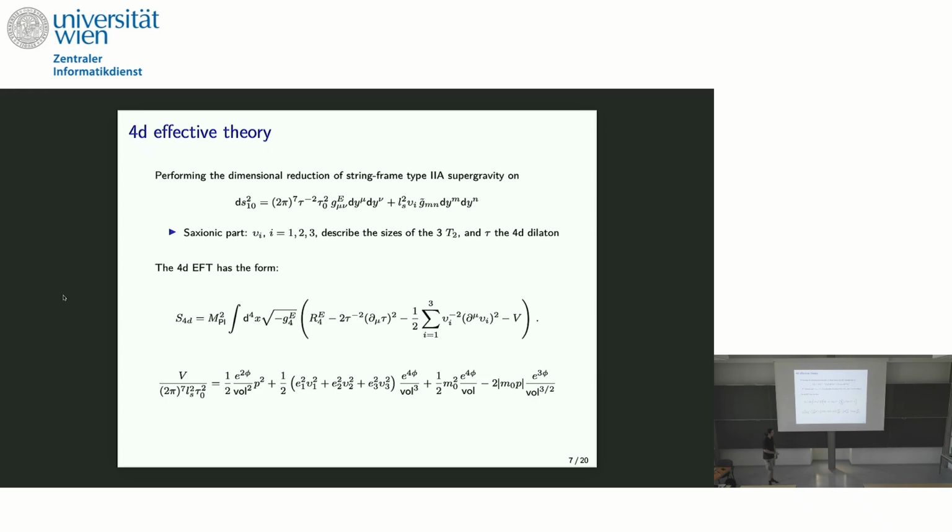And this is the scalar potential. So we don't minimize here to find the AdS vacuum. We just focus on the scaling analysis.